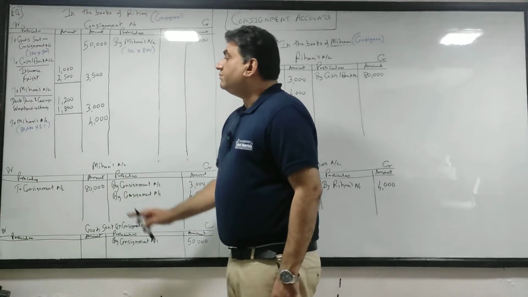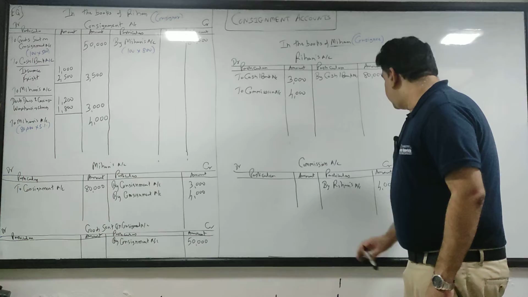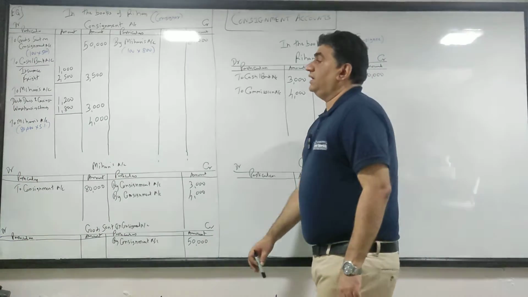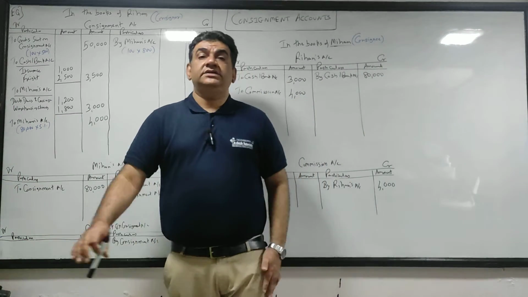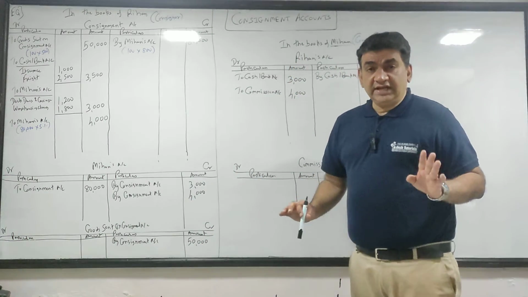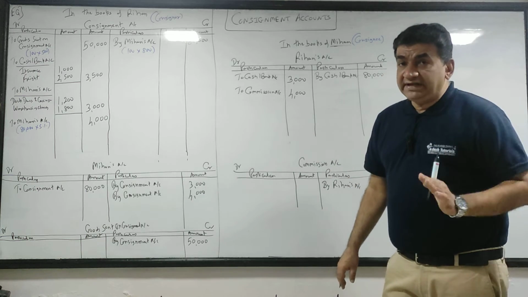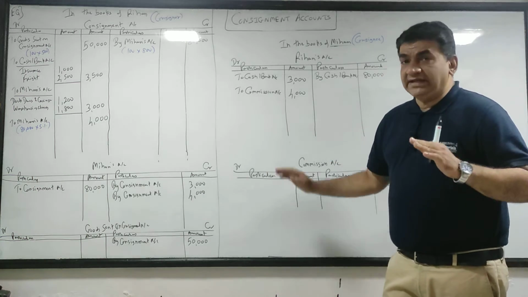So consignment में to Mihan 4,000 and commission में by Rihan's account, that is 4,000. Got it, guys? Clear with this? Now see, one interesting point is there, and I will tell you in detail.